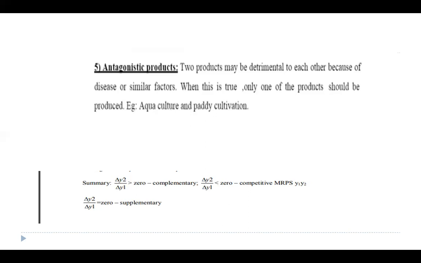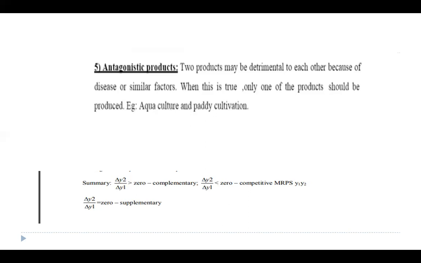Now this is a very important point for your objective. Summary. Change in Y2 upon change in Y1 is greater than 0. In case of which relationship? Complementary relationship. Change in Y2 upon change in Y1 is called MRS. Keep in your mind, marginal rate of substitution of two products.